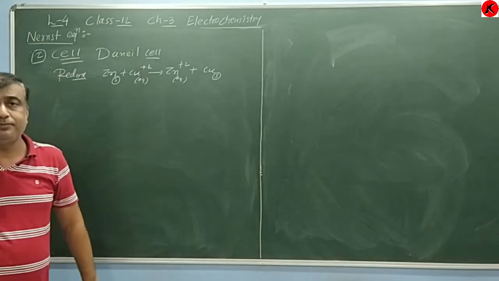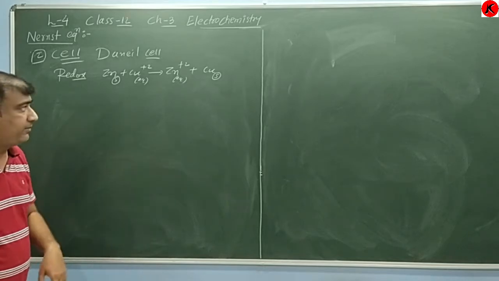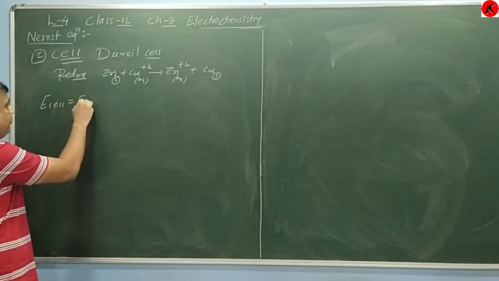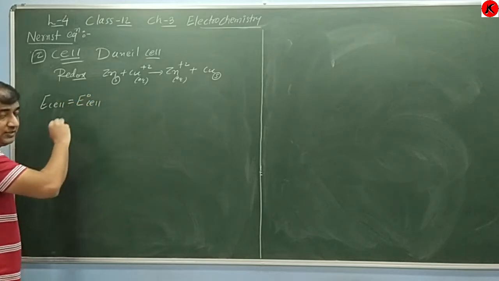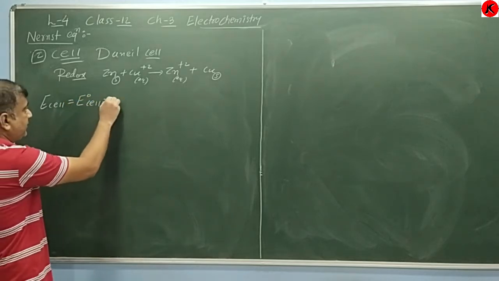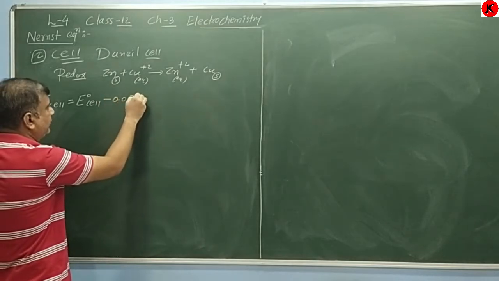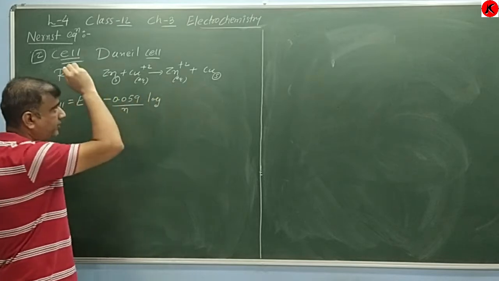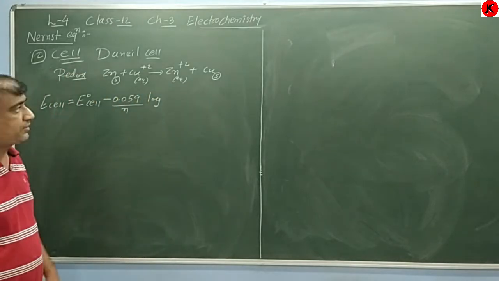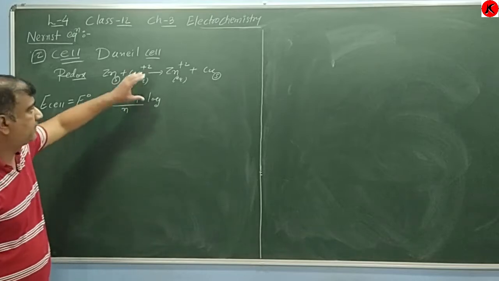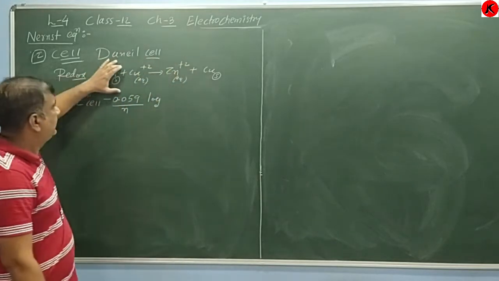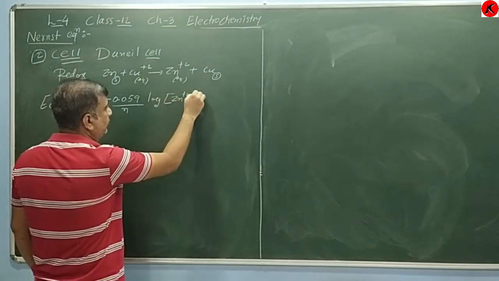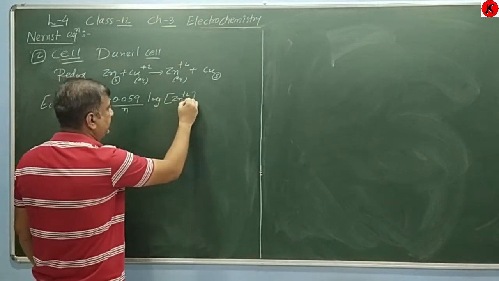Similar to a half cell, we can write E cell equal to E naught cell, because here a complete cell is there, minus 0.059 divided by n log of concentration of product divided by reactant. This will be the product, Zn2+ aqueous.